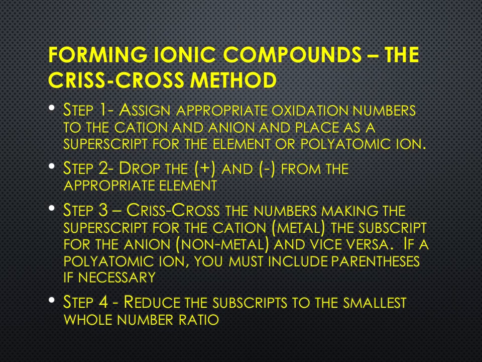Drop the plus and minus from the appropriate element for the oxidation number, crisscross the numbers, making the superscript for the cation the subscript for the anion, and vice versa. And then when you're done, you're going to reduce the subscripts to the whole number ratios. This is very important. You've got to do this. Remember to look at this, okay? What I mean by whole number ratios is if you try to reduce it any further, you can't.